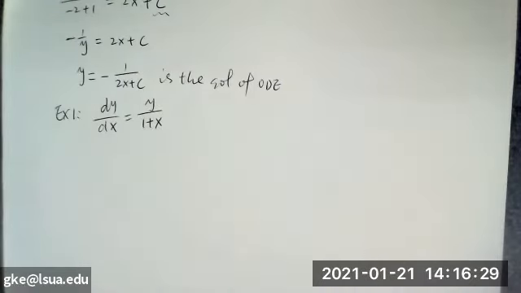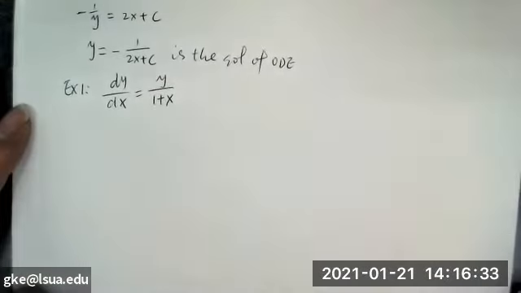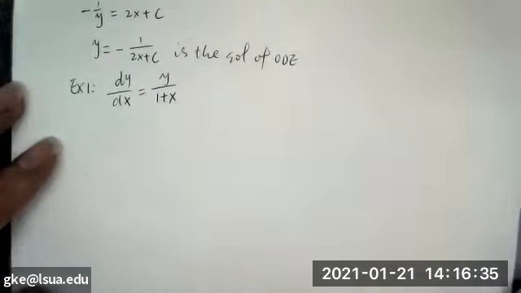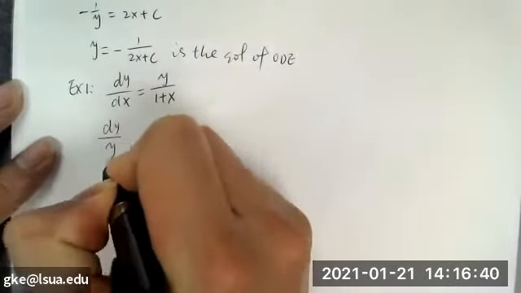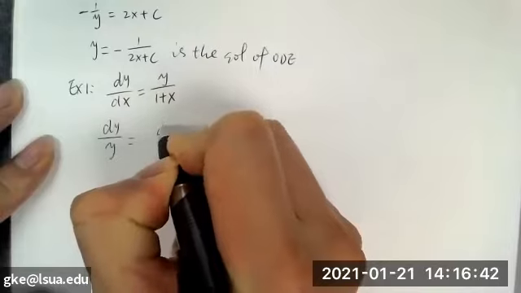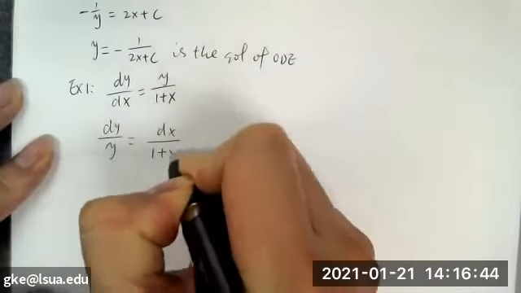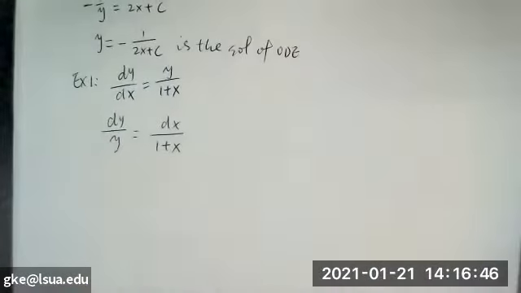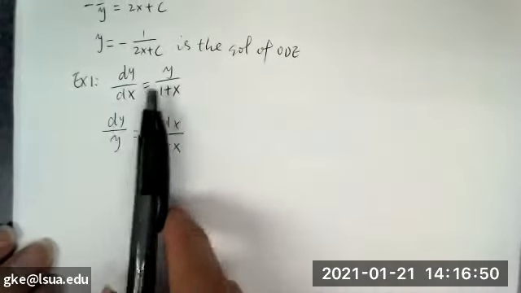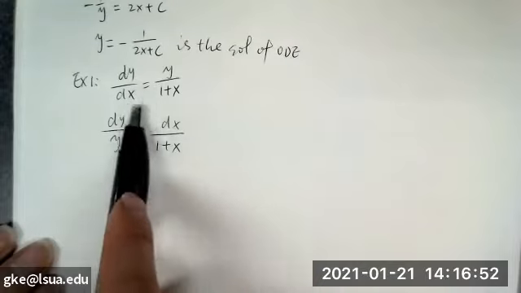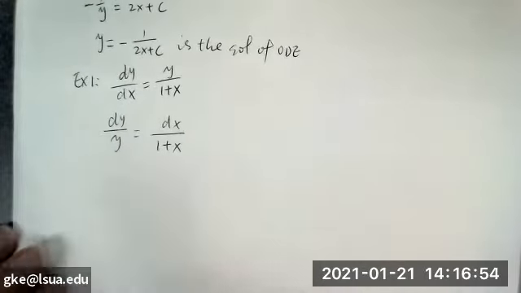Okay, now I'm gonna write down the answer on the board. So let's take a look at this guy. The first step, we're gonna separate the variables. As you can see, we can separate the variables like that. So move this y to the left-hand side, divide by y on both sides, times dx on both sides. We got this one, right?